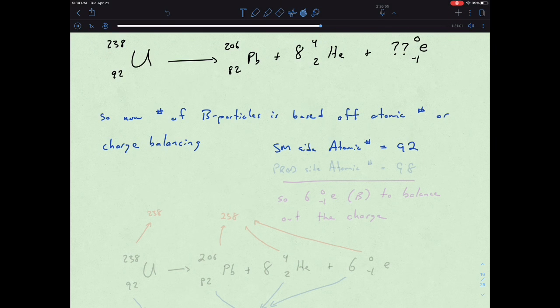But if we calculate how much we have on the product side with atomic number, we have 98. So that means we need 6 beta particles to balance out the actual charge. So our reaction would look like this now.